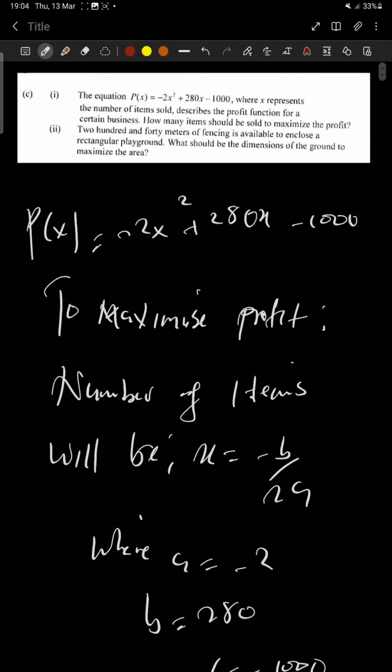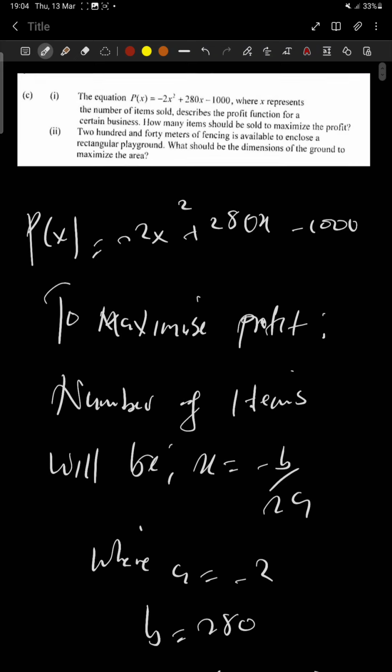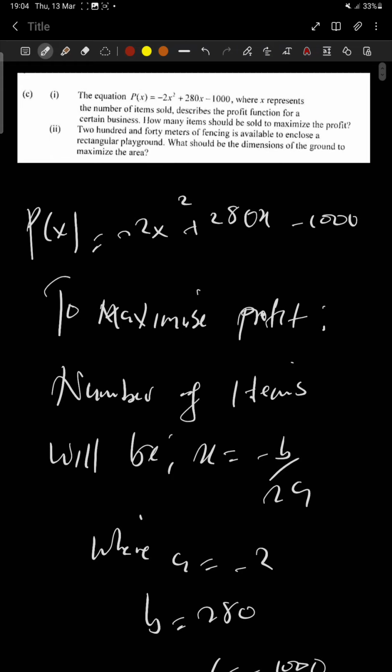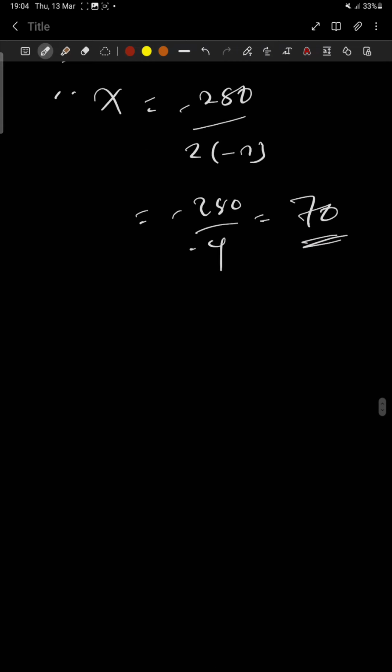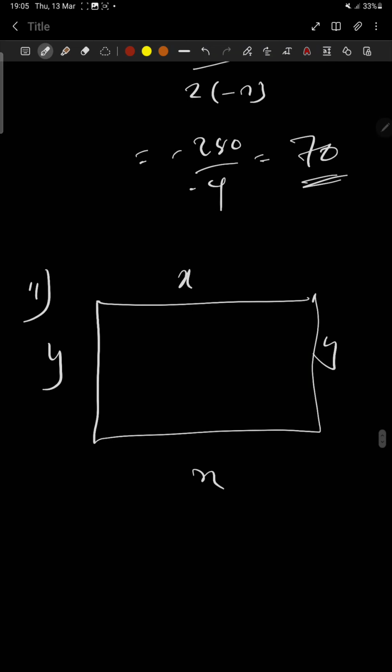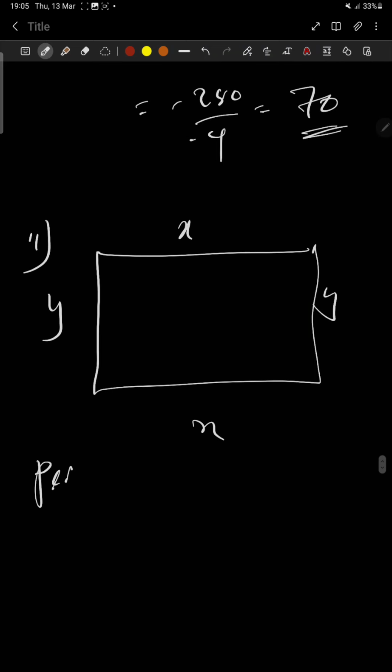The other question is saying 240 meters of fencing is available to enclose a rectangular area. So you can sketch it. This is your x, and this is your y, and this is your y, this is your x. This is a rectangle, right? Then the perimeter that I've given you is 240.